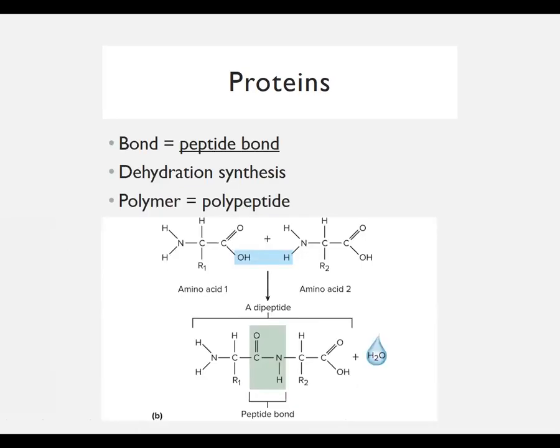Continuing on, when we put multiple amino acids together, the bond is called a peptide bond. With carbohydrates, you were just filling out your table. That was a glycosidic linkage that bonded their monomers together. With proteins, it's a peptide bond.